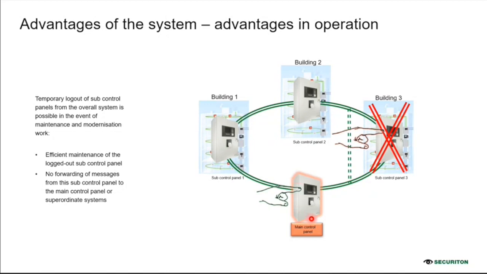That means, for example, for maintenance, which was a question before, if I am going to do maintenance on this panel, from the main panel I can switch off information from this building, so I can work on it without passing information to the main control panel. Then it's up to you, depending on your needs. In this case, with 4 panels, you can create a SecuriLAN where the messages are passed through all the panels, or you can create SecuriWan.